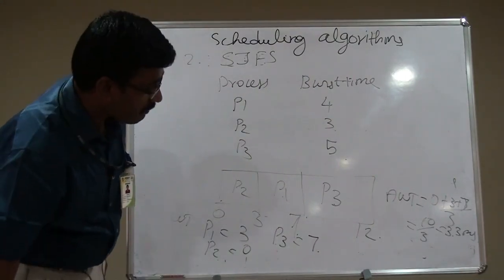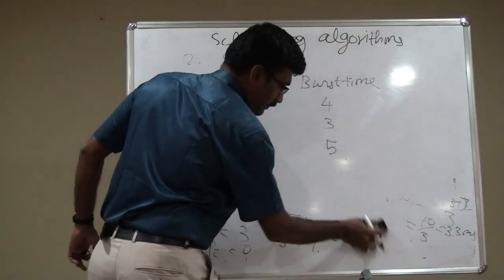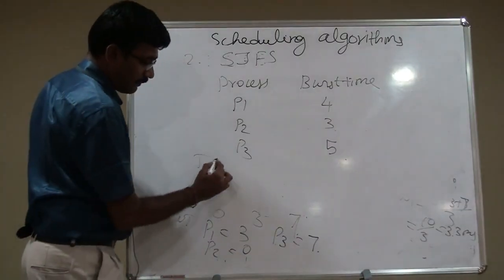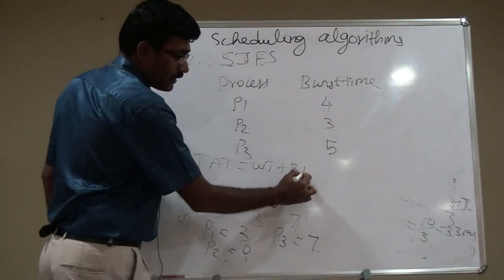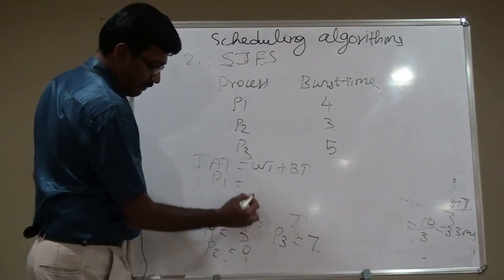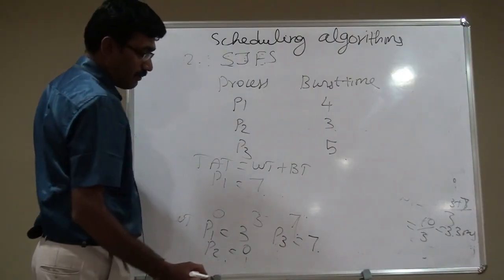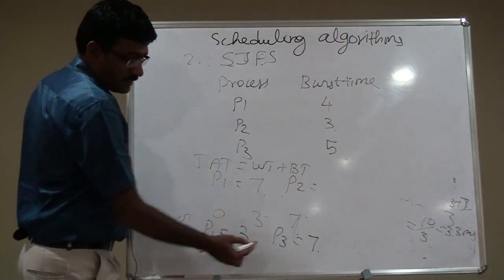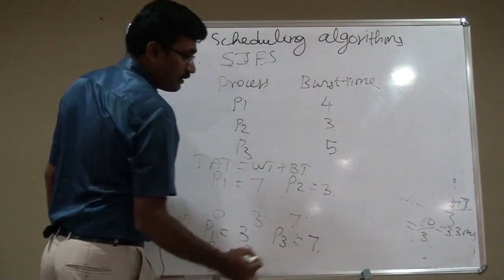Now turnaround time for this. The turnaround time formula is waiting time plus burst time. P1 waiting time is 3, burst time is 4, so turnaround time is 7. P2 waiting time is 0, burst time is 3, so 3.